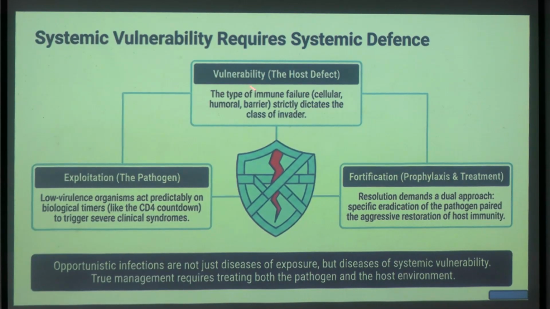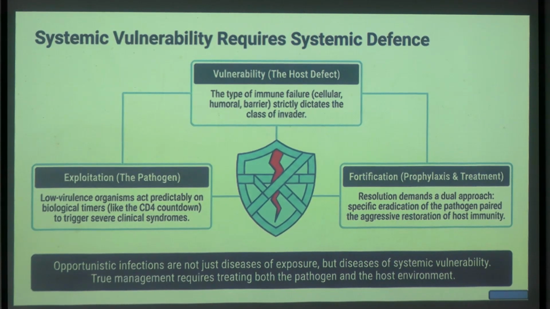I think systemic vulnerability requires systemic defense. The type of immune failure, cellular or humoral immunity, is the main cause, so consider the pathogen and also the fortification. So we have to start prophylaxis, and along with that, based on CD4 count, treat the cause of the disease.